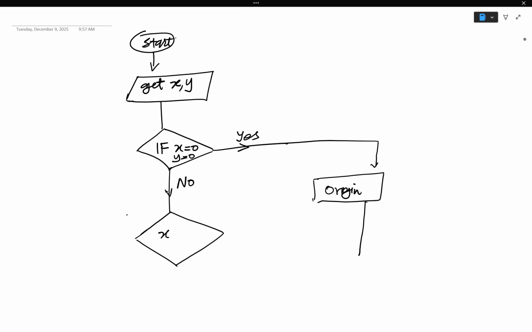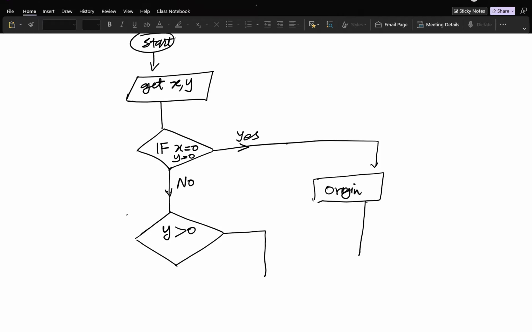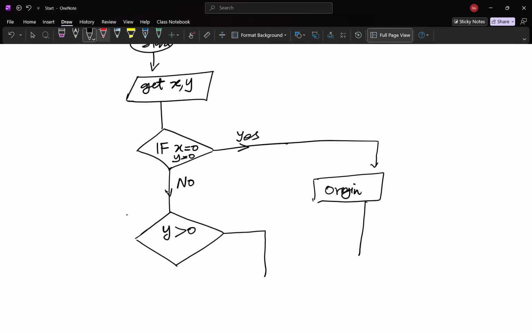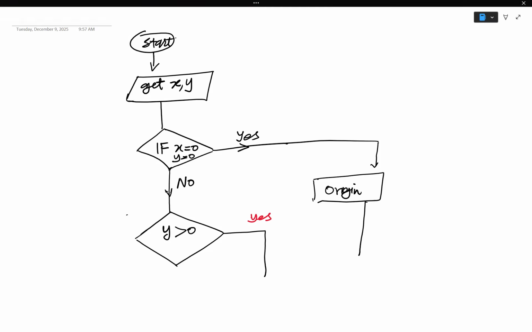If y is greater than 0, then we have 2 possibilities. It is either in the first quadrant or in the second quadrant. So we have the option first and second quadrants.